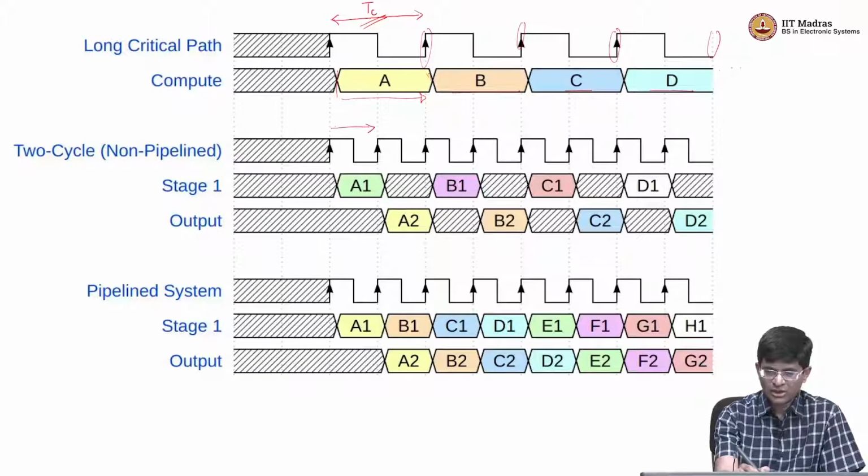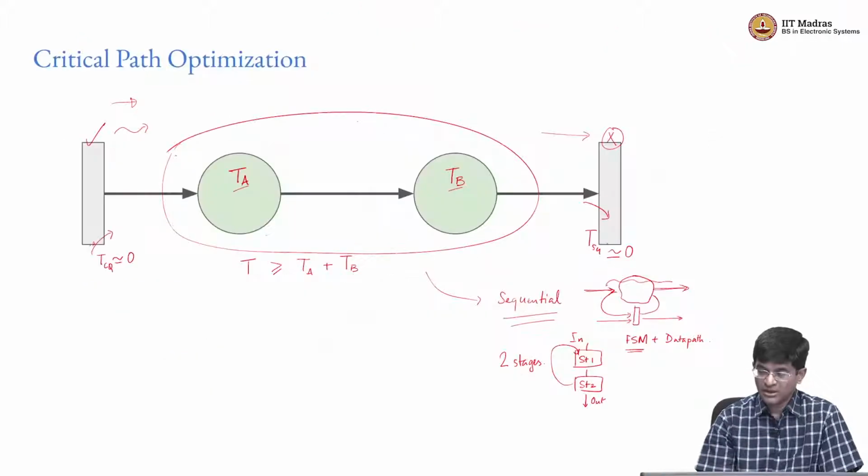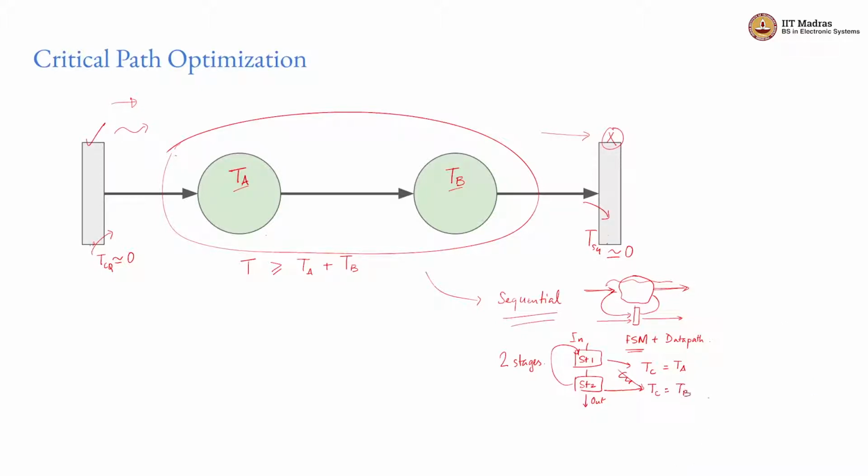Notice over here that the clock period is much smaller than before. Why is that? Because stage 1 has a critical path which is equal to, let's say, TA, whereas stage 2 has a critical path which is equal to TB.